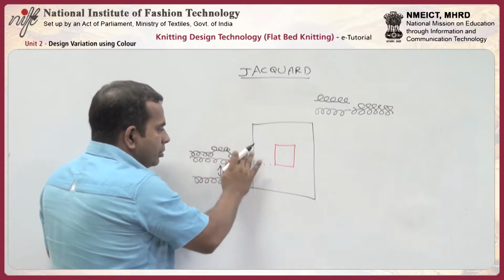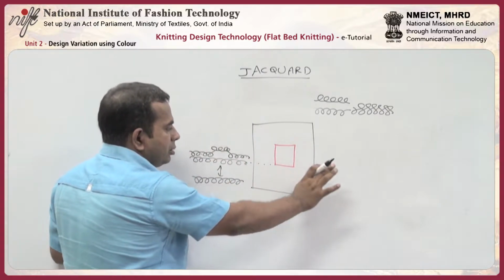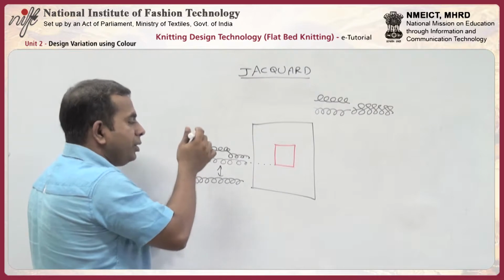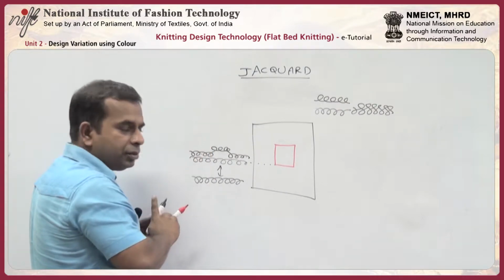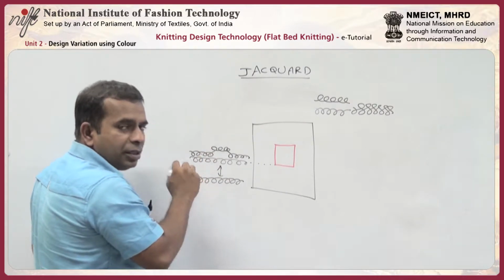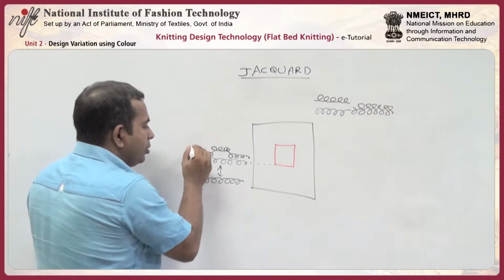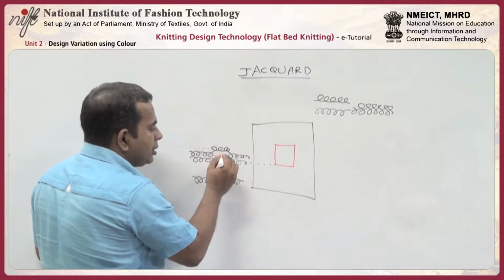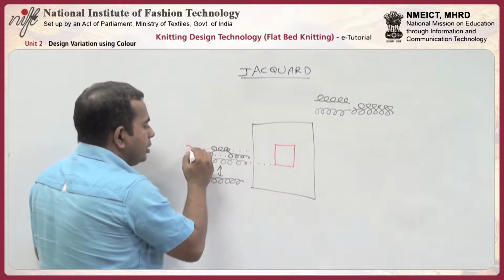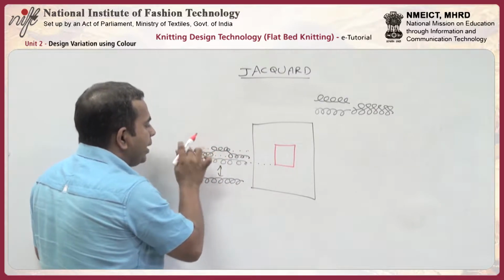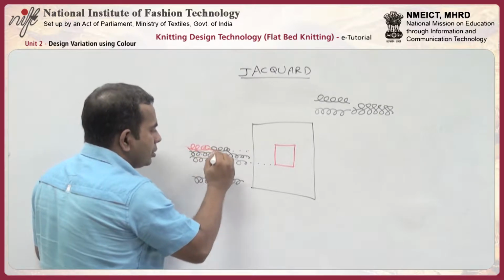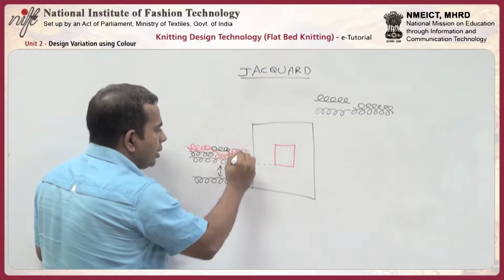We will knit this much and hold the feeder on the right hand side. Then we will come back, take the red color feeder and select the needles which missed out in the previous course. So we are going to select needles from this area and then knit it. Sorry, it's a back knitting, so we need to show like this, then front knitting and again back knitting.